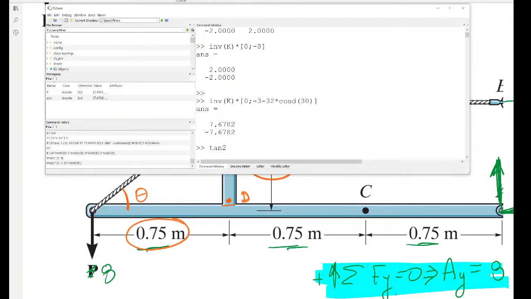Which one is it? Hang on a second. Okay.